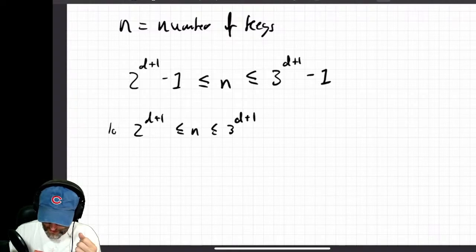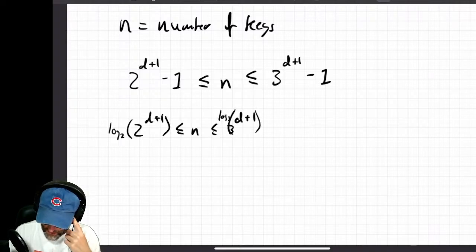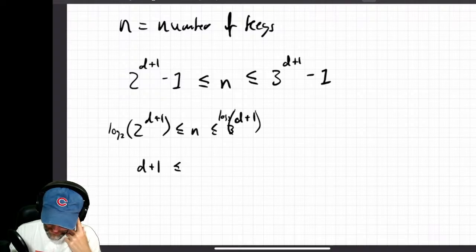Log base 2 over here and log base 3 over there will get you that D plus 1, and then the log goes away, is less than or equal to log of n. Let's just do this first inequality here: D is less than or equal to D plus 1 is less than or equal to log base 2 of n, right?